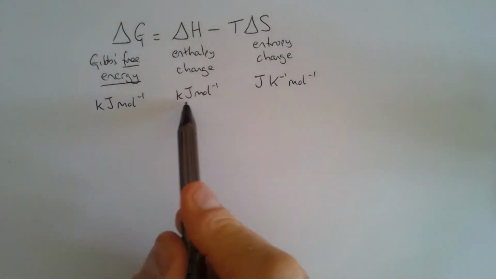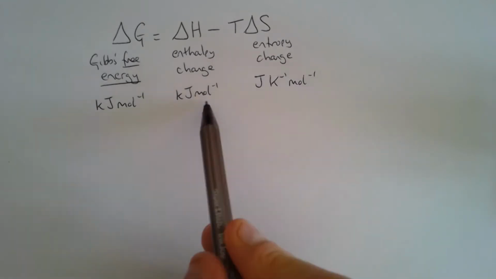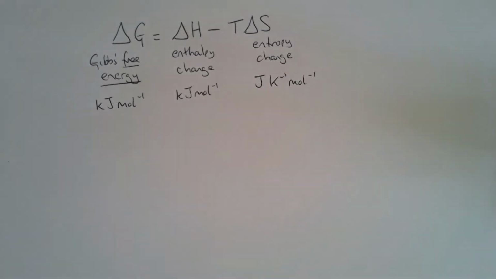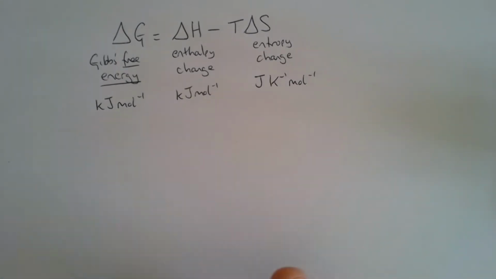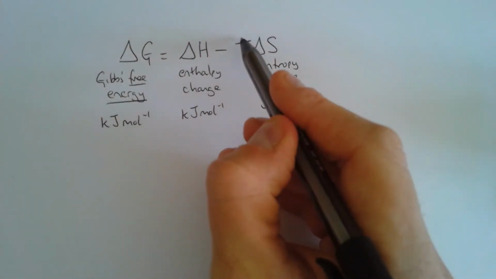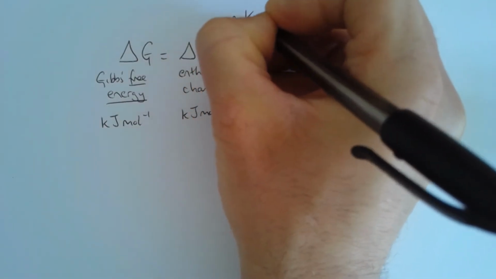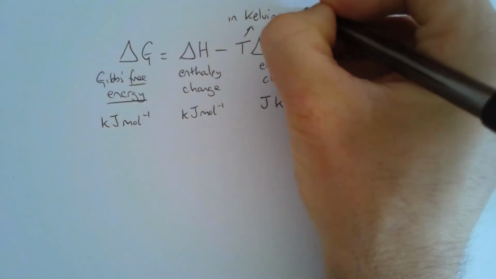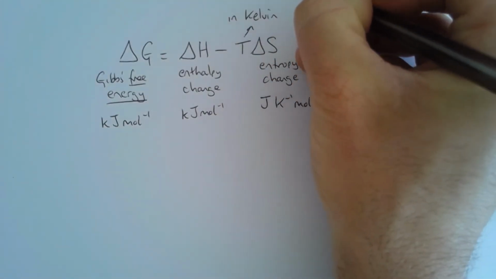So when we do our calculations, we're probably going to have to convert this. We could convert the enthalpy change, but then we'd have a Gibbs free energy in joules per mole. So often this is one that we have to convert. Also, temperature is in Kelvin. So we can convert degrees Celsius into Kelvin by adding 273.